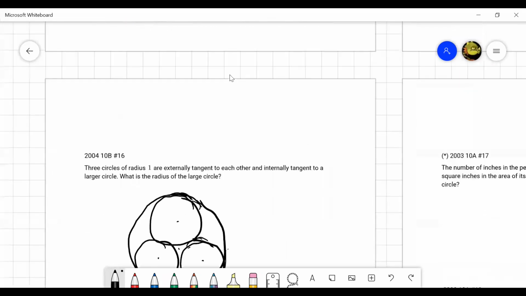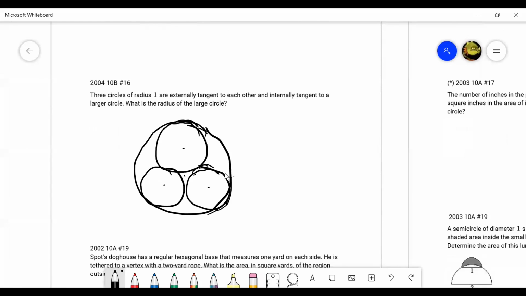What should we do to make this easier to solve or possible to solve? And yeah, please type in the chat, or you can say it out loud too. That's fine.